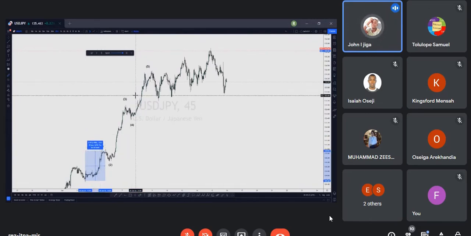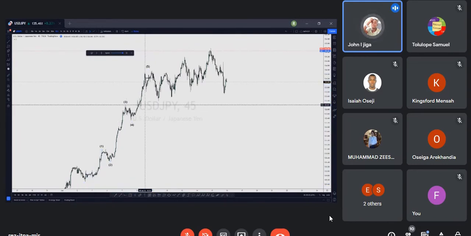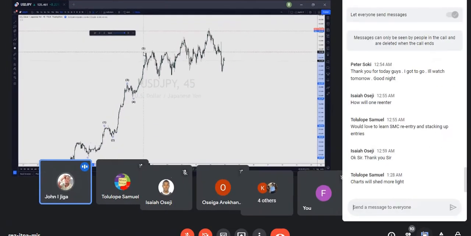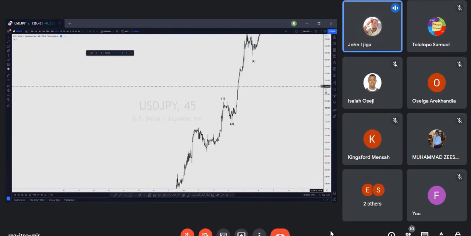So clearly wave 3 was the longest wave in this. So that makes this valid. And wave 5 also was an impulsive wave. So you see, wave 4 was a corrective wave, wave 2 was a corrective wave, and waves 1, 3, and 5 were impulsive waves, right?